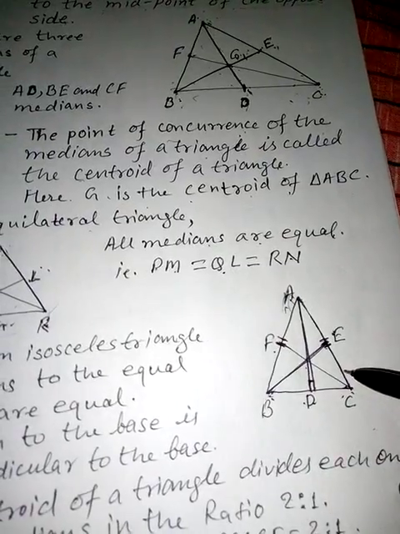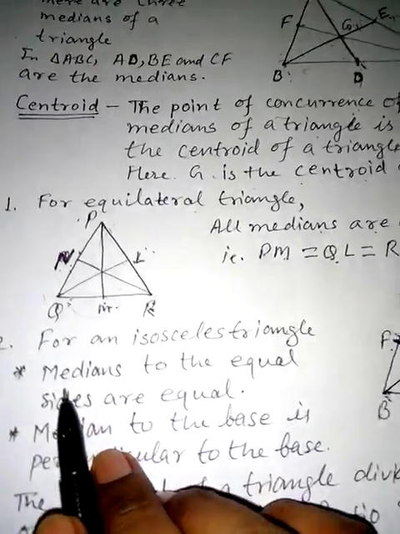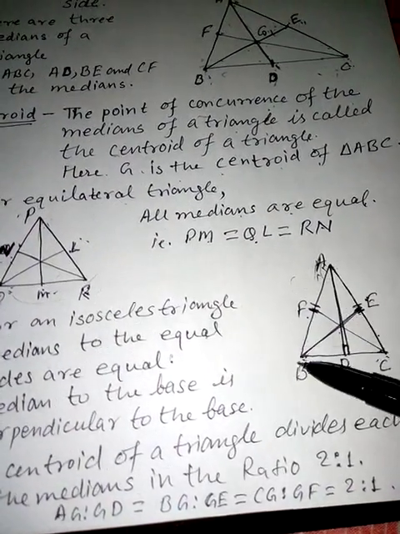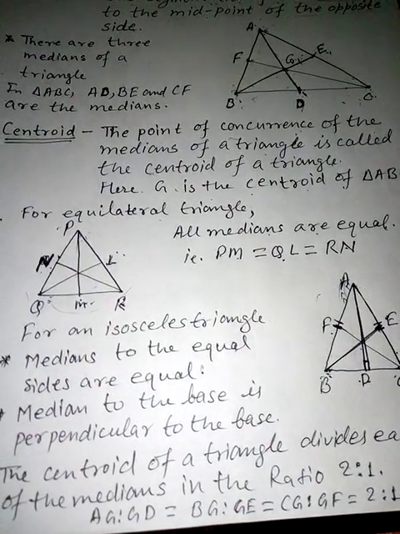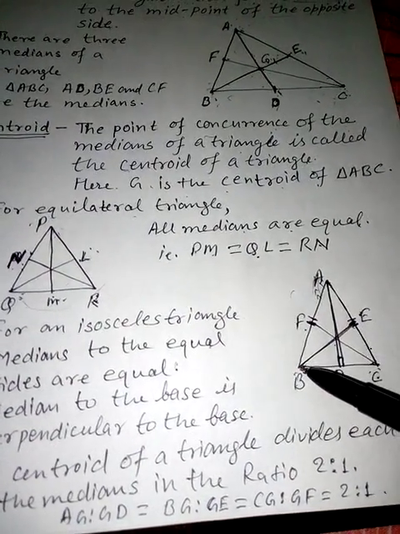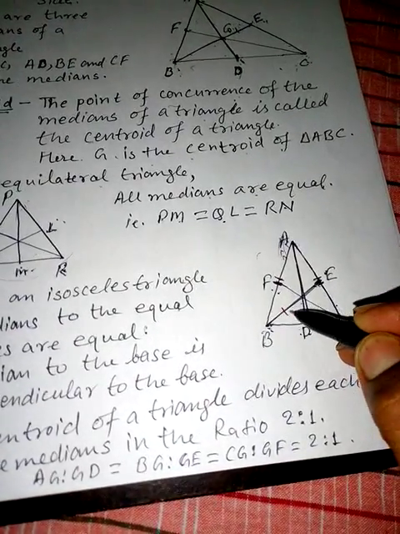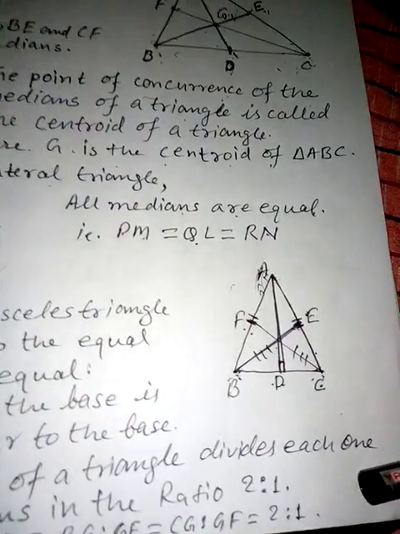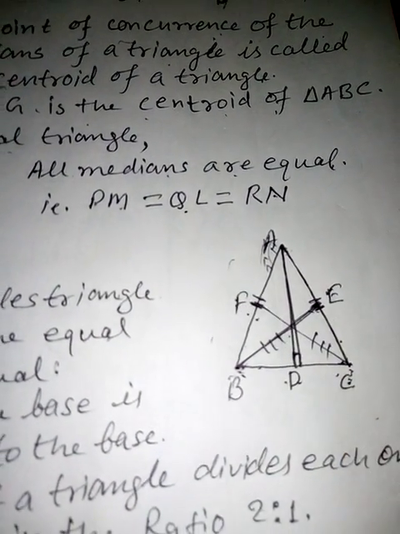So the first thing about the isosceles triangle is medians to the equal sides are equal. AB and AC are the equal sides, and hence BE and CF, the medians, are also equal.